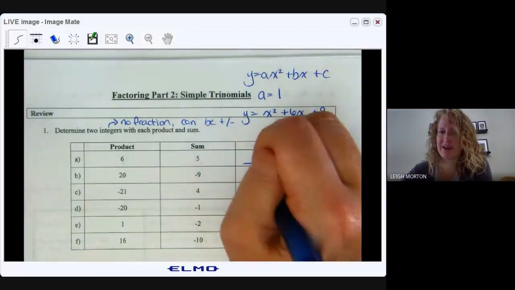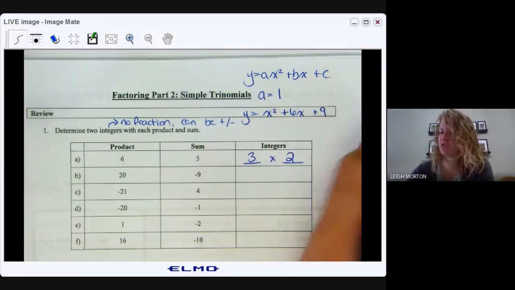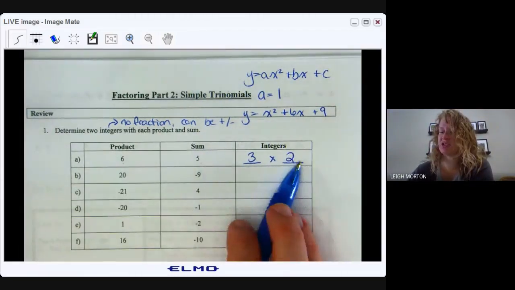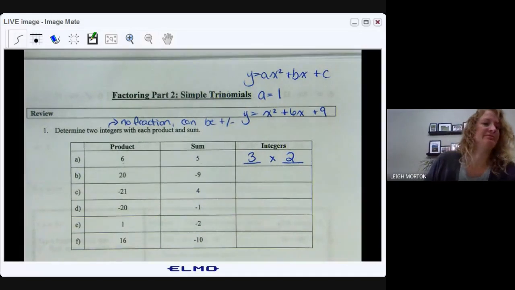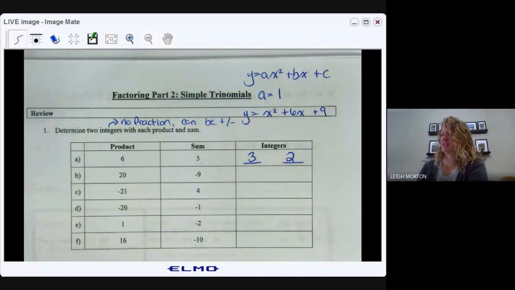Three and 2. Yeah, Opie and Anna have got it. 3 times 2 is 6. 3 plus 2 is 5. That's that.